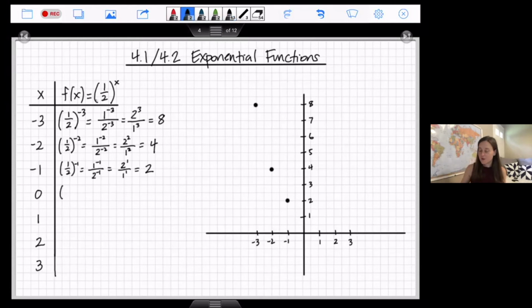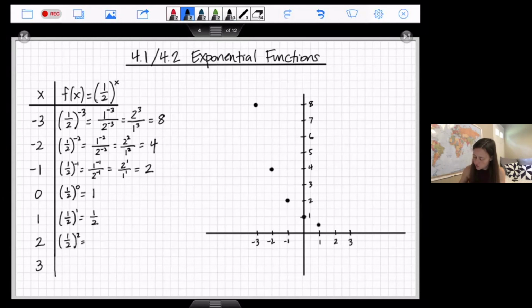This will get easier now. I've got 1/2 to the 0. This is always the easiest one. Anything to the 0 other than 0 is equal to 1. So I've got the point 0, comma 1. 1/2 to the first power is 1/2. I've got the point 1, comma 1/2. Then 1/2 raised to the 2 power.